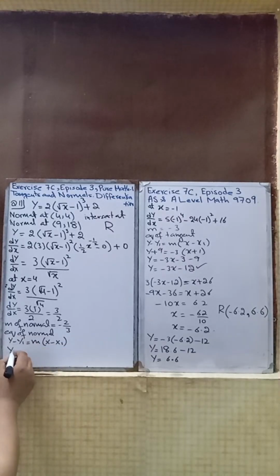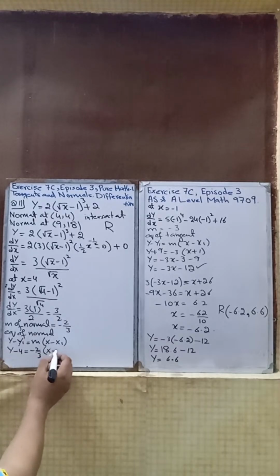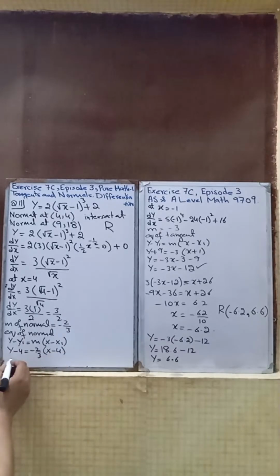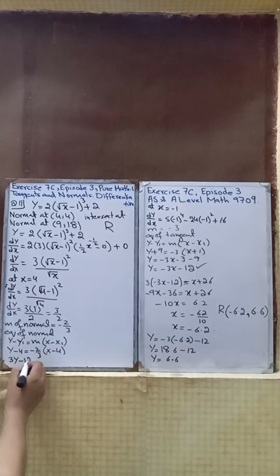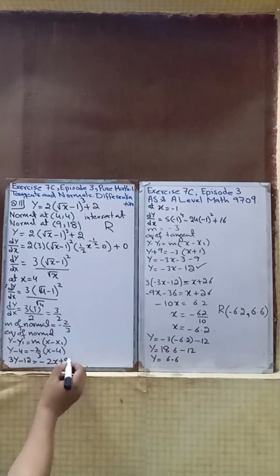So y minus, what is y1? That is 4, equals, gradient is minus 2 by 3 times x minus 4. Take this, you can say 3y minus 12 is equal to minus 2x plus 8.